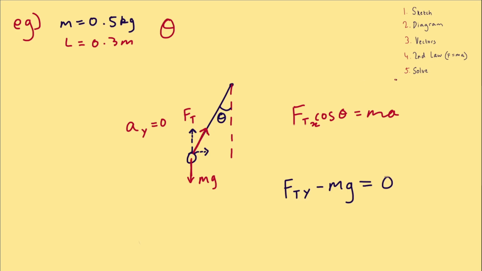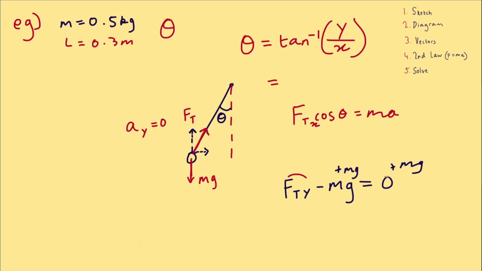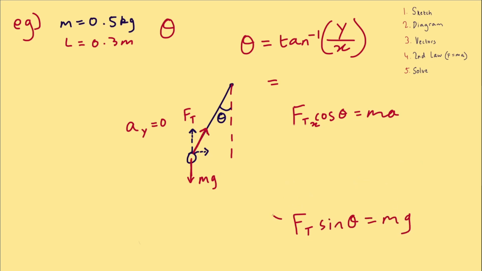Now it's time to solve. So we're solving for this angle, and we have this Y component and this X component. So here it's simple. We just have to use the vector direction formula, which is this: the inverse tan function of the Y component over the X component. Now we missed something with the Y component. Let's add mg to both sides so that we can get this on its own. Just Ft sine equals mg. Now plug it in.